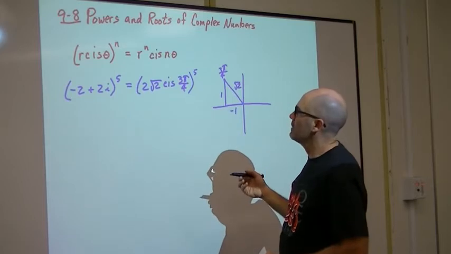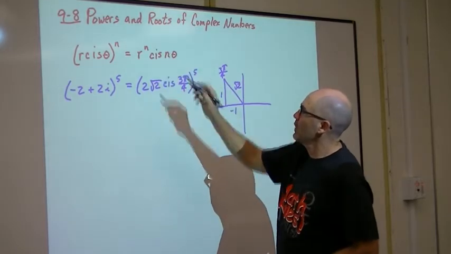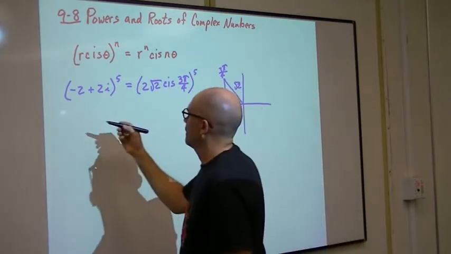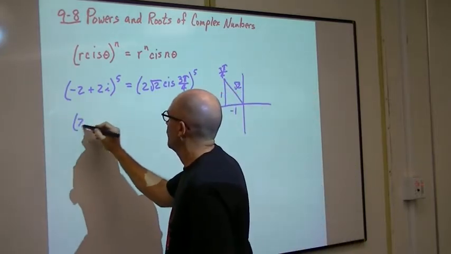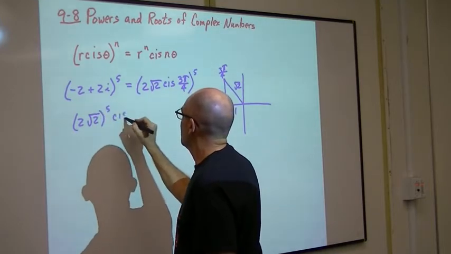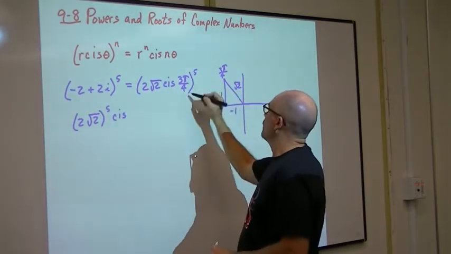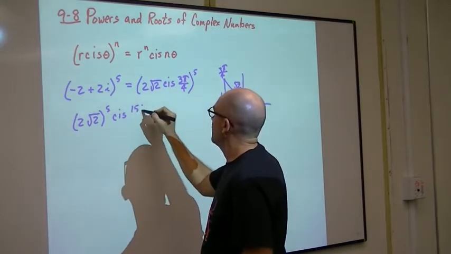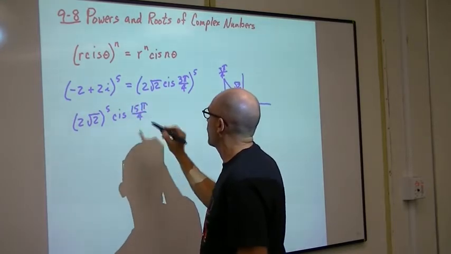So now I've gotten this rectangular form into polar form. And so now I can apply the formula right here. I'm just going to take 2 square root of 2 to the fifth, cis 3 pi over 4 times 5, which would be 15 pi over 4.